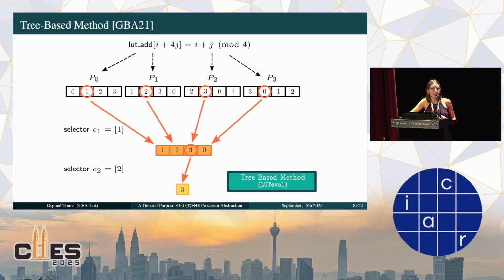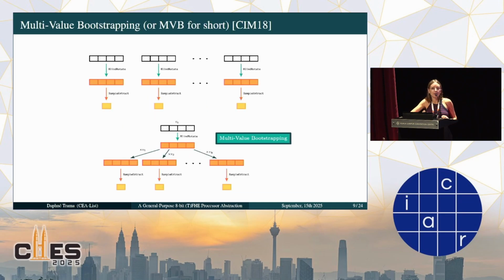But you remember that I said that blind rotate is very expensive. And here we have 5 bootstrappings to perform 1 addition. So it's not really efficient. And this is why we decided to use the multi-value bootstrapping optimization, or MVB. It's an optimization that allows you to perform several bootstrappings at the cost of only 1 blind rotate, as long as it's with the same encrypted input.